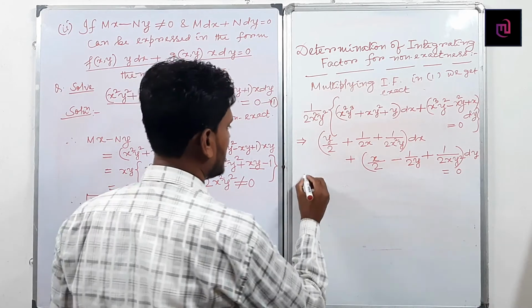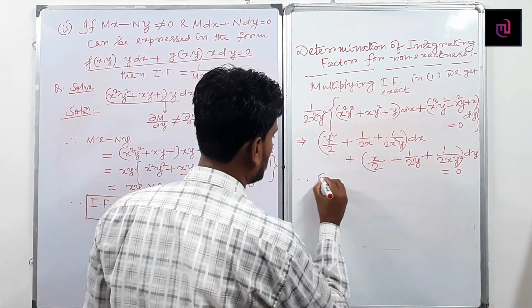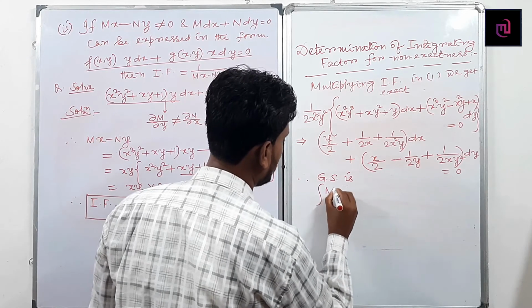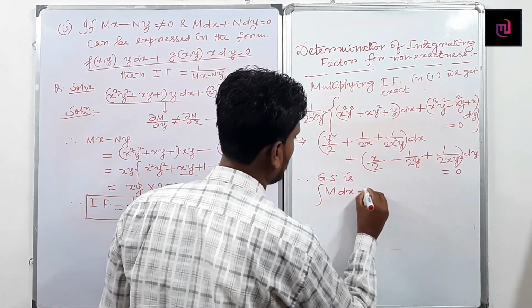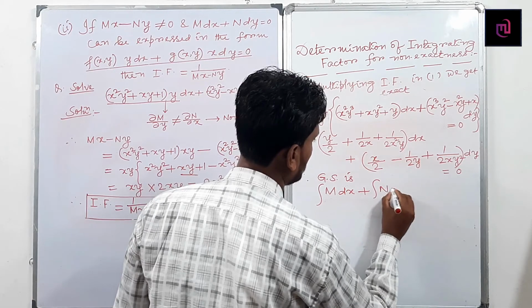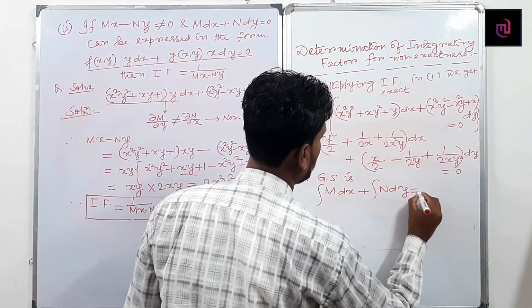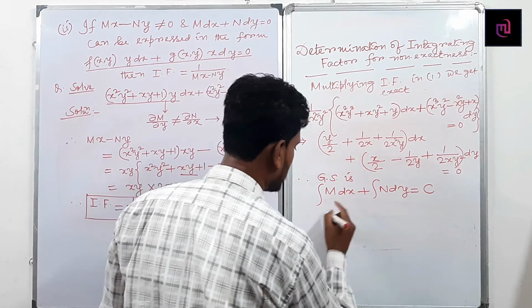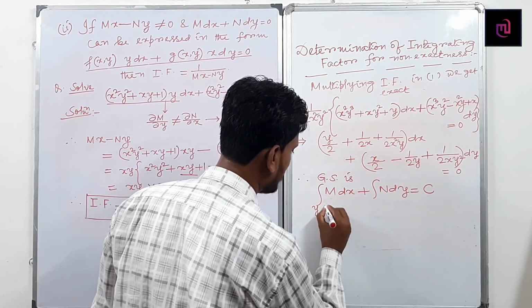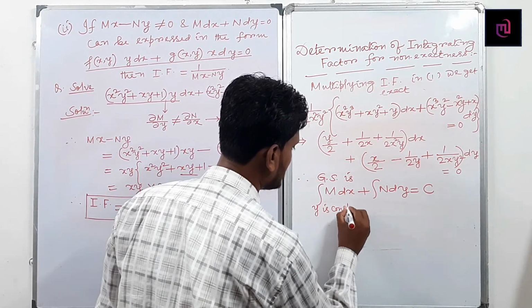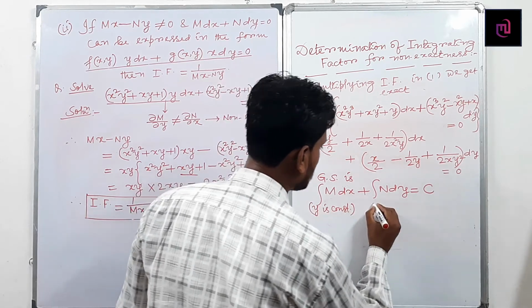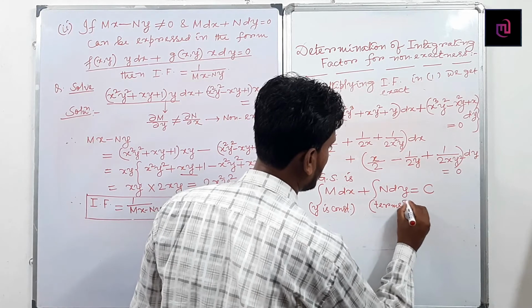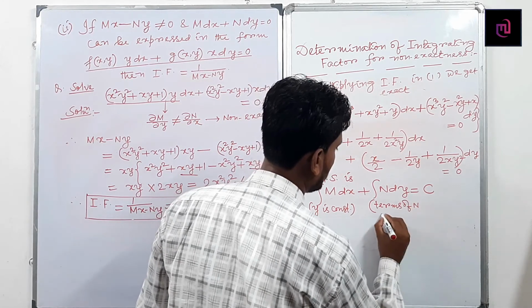So the required general solution is integration of M dx plus integration of N dy equals to some arbitrary constant c. Here taking integration with respect to x, y is constant, and for N, take terms not containing x.